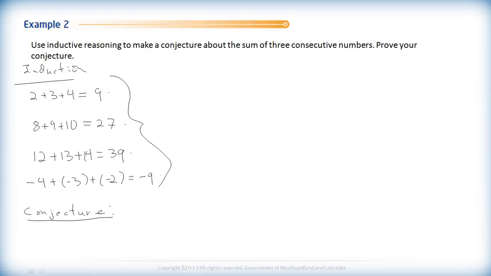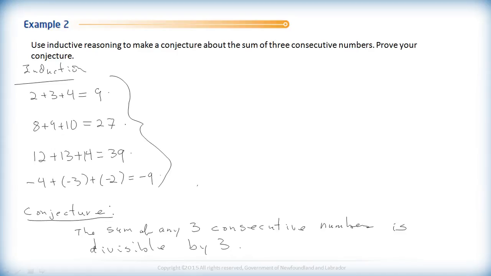So let's say that, now since everything is divisible by 3 here, I think we're going to make our conjecture that the sum of any 3 consecutive numbers is divisible by 3.